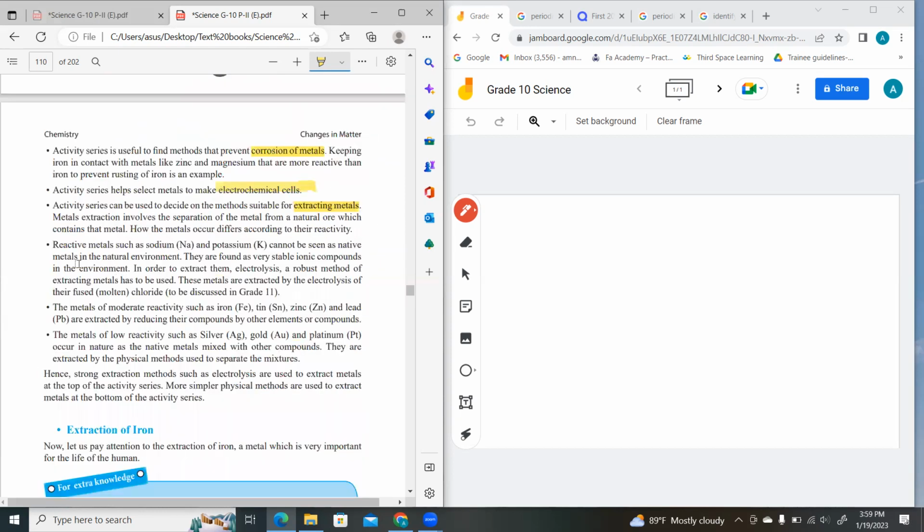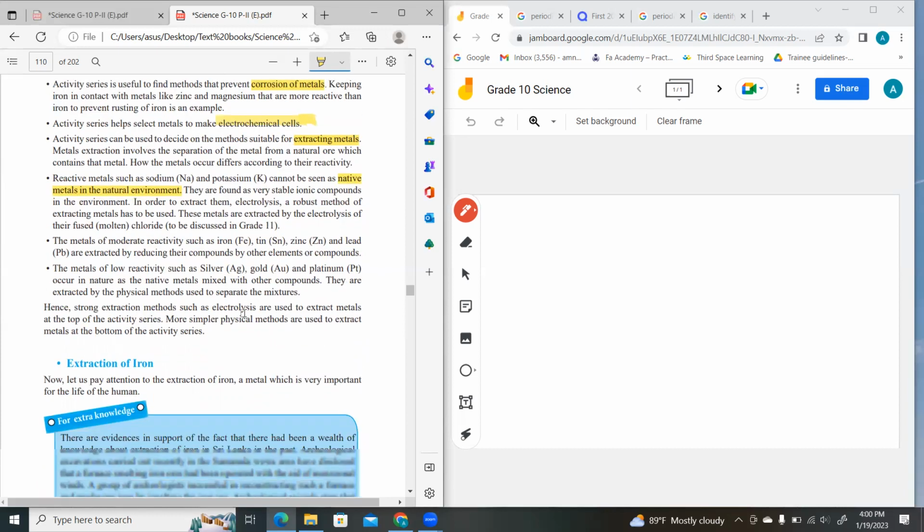Reactive metals such as sodium, potassium cannot be seen as a native metal in natural element. Native means they aren't present alone in the natural environment. Like I told you, they are present as a compound with stone and soil, mixed together. So in order to decide which method to use to separate it, the activity series is important, right?